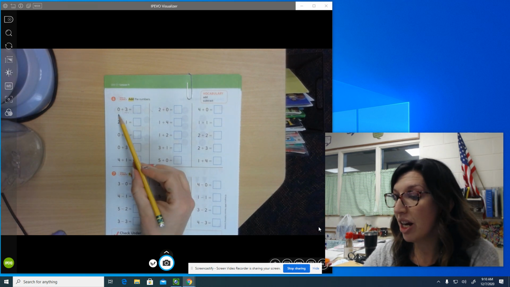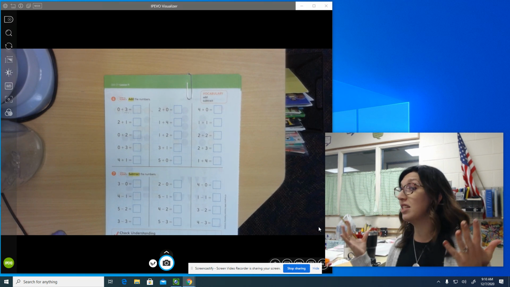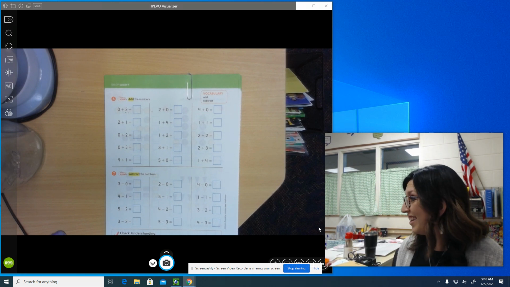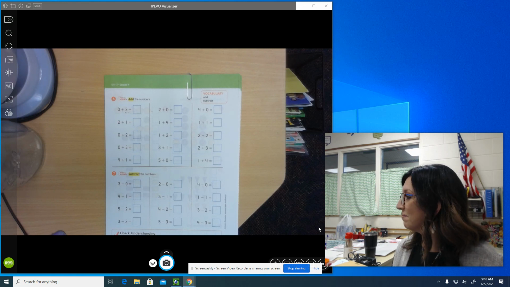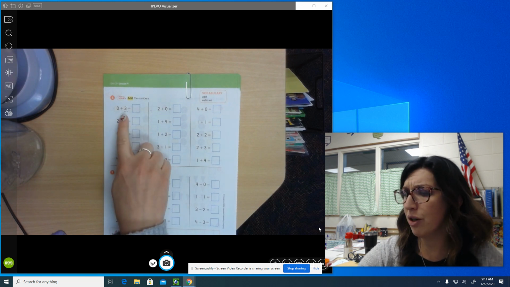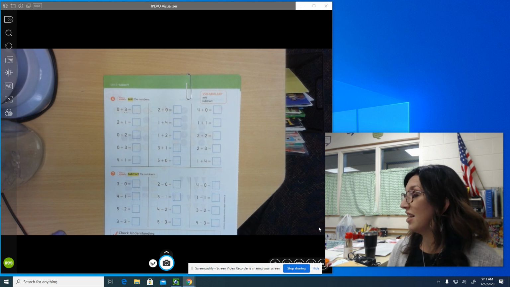Raise your hand if you know what I need to do to find out how many altogether. What strategy should I use? What should I do if I don't know how many this is? What should I do to figure out how many it is? Zanaya.